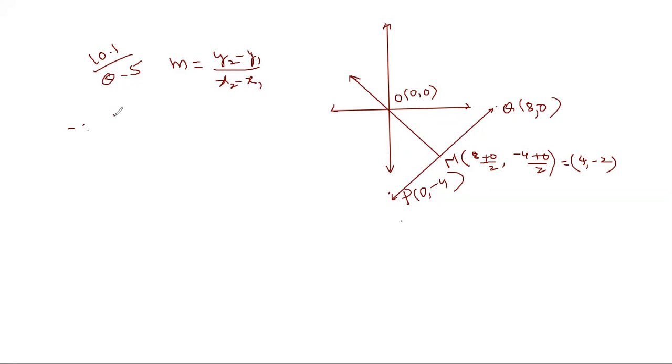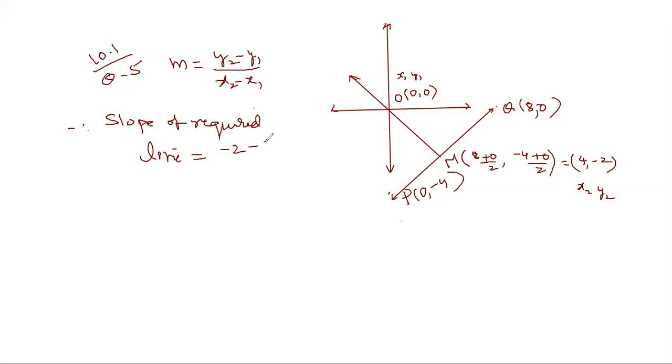Therefore, the slope of the required line is equal to y2 minus y1 over x2 minus x1. We take x1, y1 as the origin and x2, y2 as the midpoint, so y2 is minus 2.